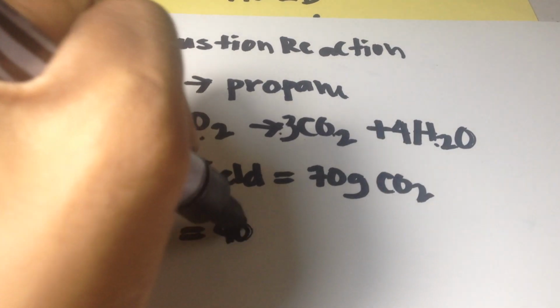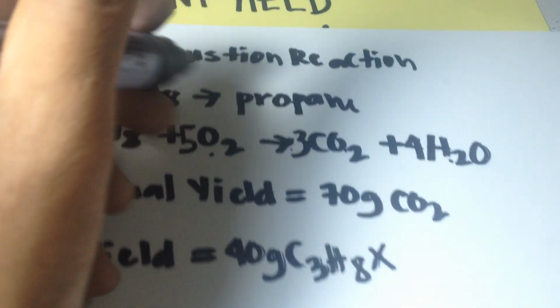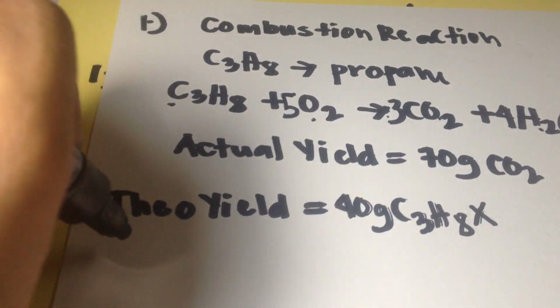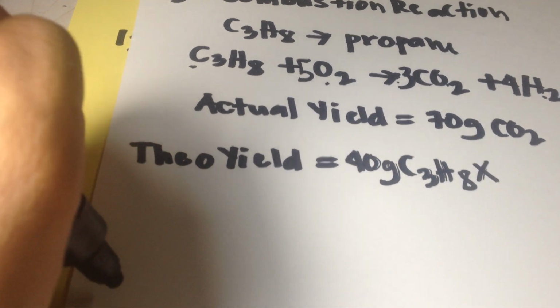So 40 grams of C3H8 times the molecular mass. We need to calculate the molecular mass first.